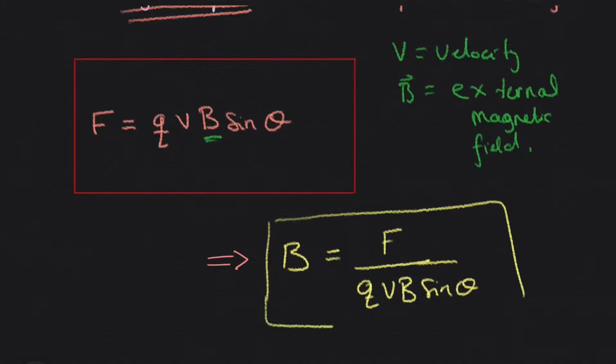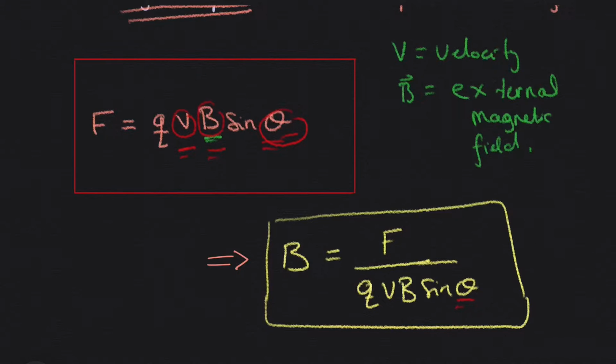Now, a very good question you might have is, what is this theta here? Theta is the angle between my variables V and B, so theta is the angle between the direction of motion and the applied magnetic field.